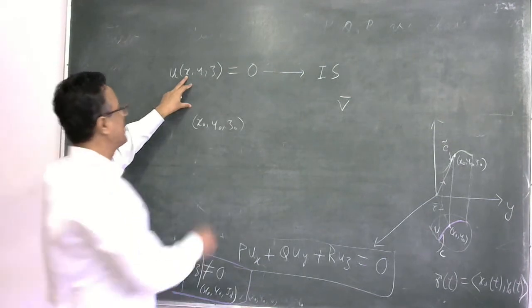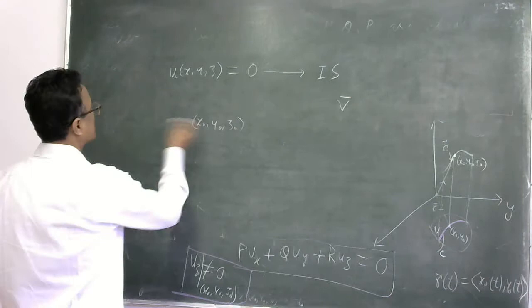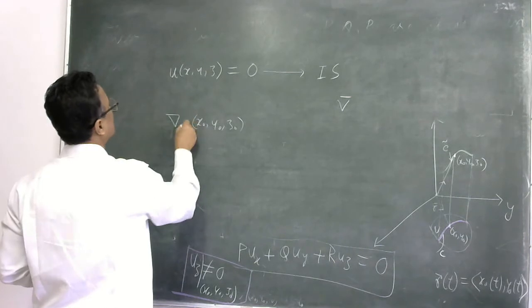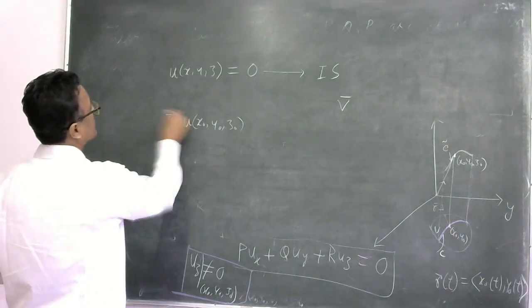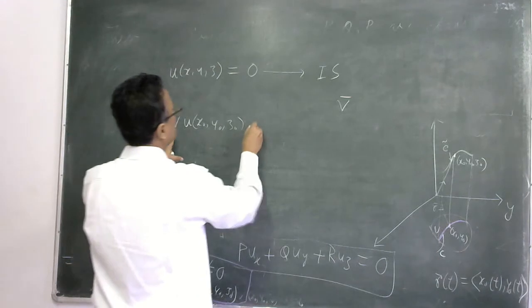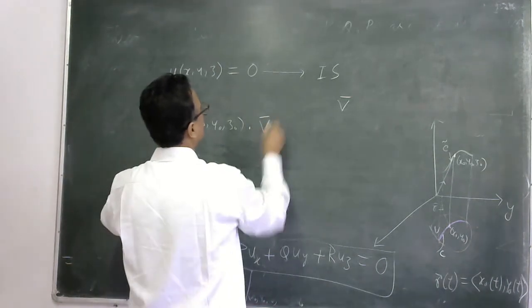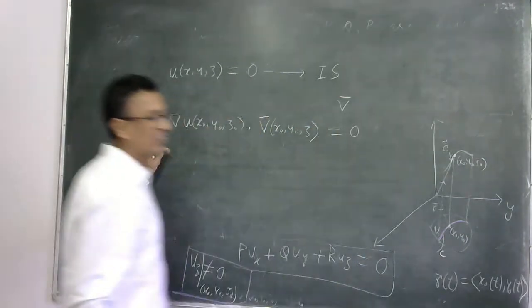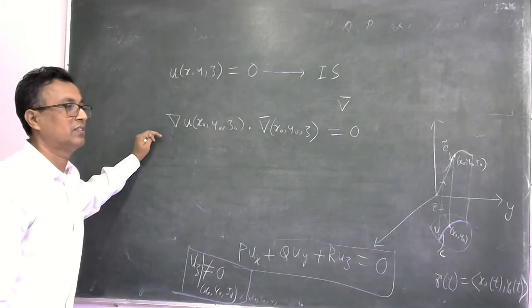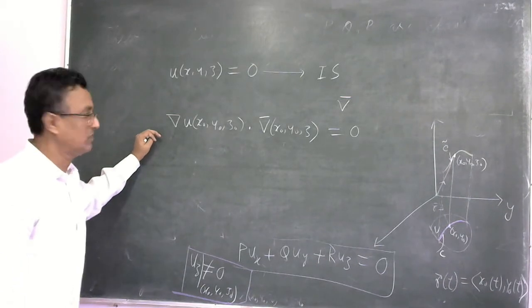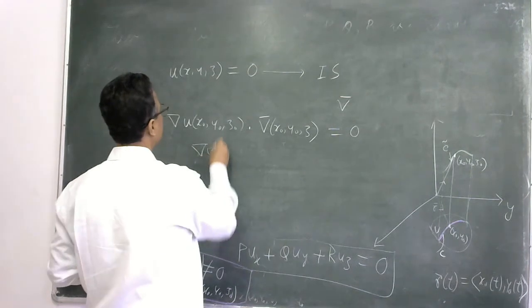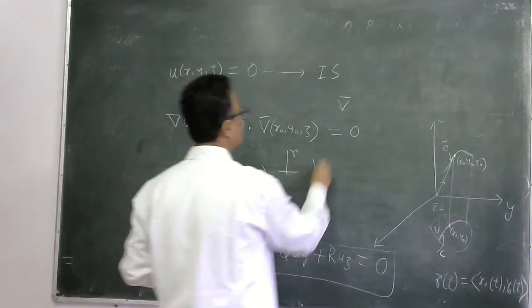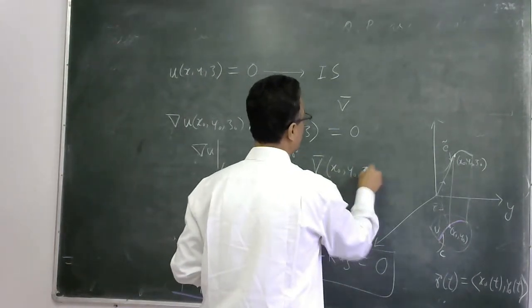So that means if I find grad u at x naught, y naught, z naught, and take its dot product with V at x naught, y naught, z naught, this is 0, right? So grad u, as you already know, I am just repeating it, is perpendicular to V at x naught, y naught, z naught.